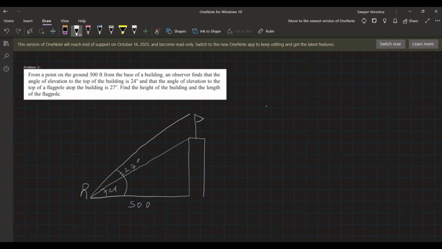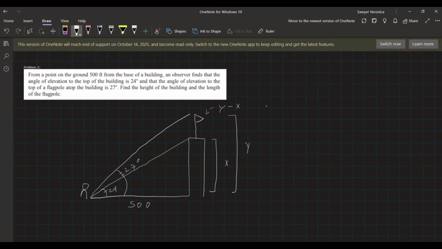Find the height of the building. This is your x. And the length of the flagpole. We can say that this entire thing is y. And therefore, the length of the flagpole would be y minus x.